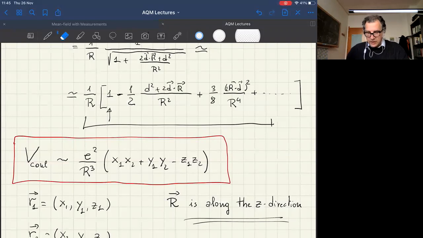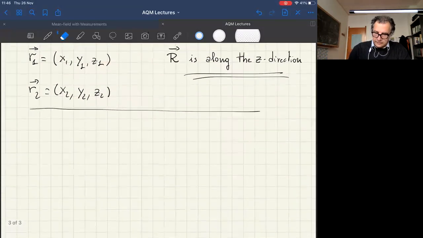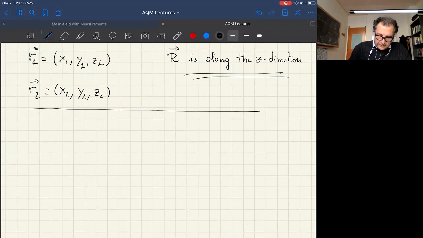So let's put it this way. So this is plus, okay? And this is the electron, minus. Can you tell me briefly what the electron is?